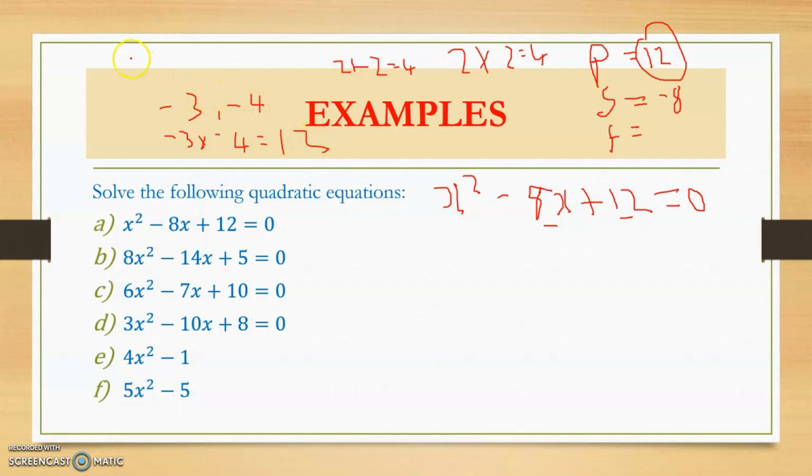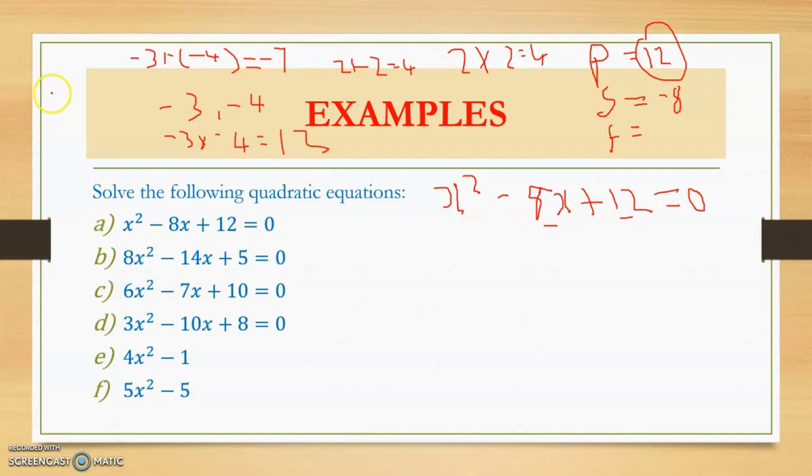Then again, if we say negative 3 plus a negative 4, did we get this one correct? That one will give us 3 plus 4, that would be negative 7. Okay, so that one isn't working out.